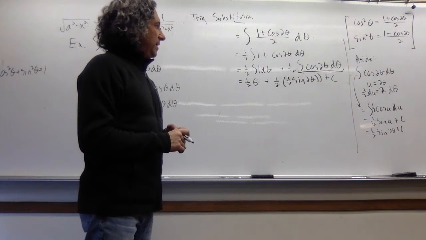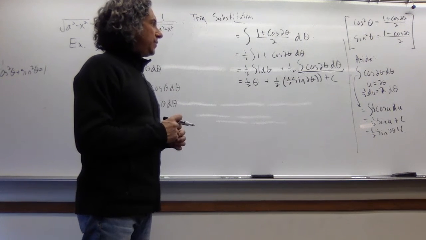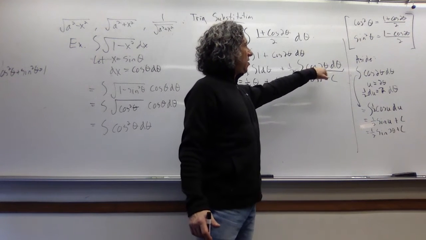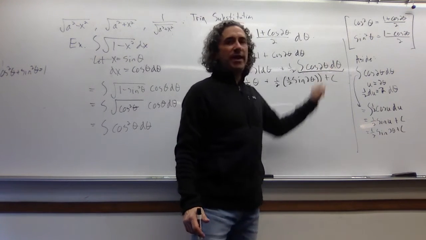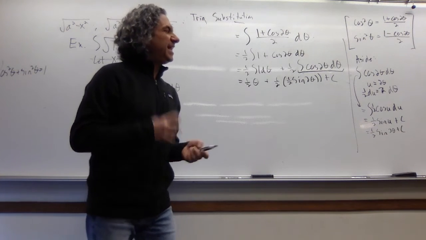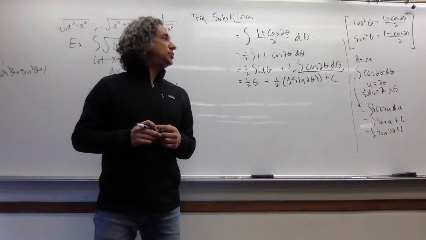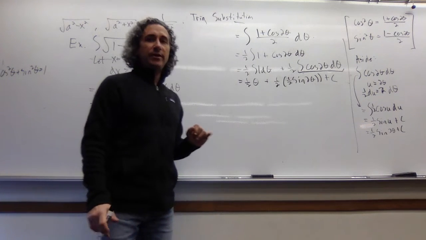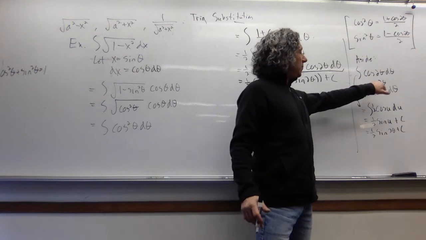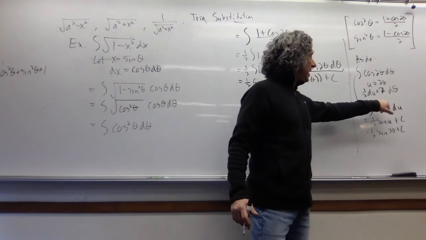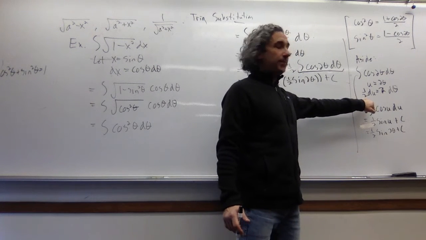Before I go on, I want to take 2 seconds for us to realize something. I did a u substitution on cosine of 2 theta. And 2 theta has a special property. The inside guy for the u substitution happened to be a linear function. Now watch what happens with linear functions. u equals 2 theta, du is going to equal 2 d theta, and then the 1/2 is going to come over here.